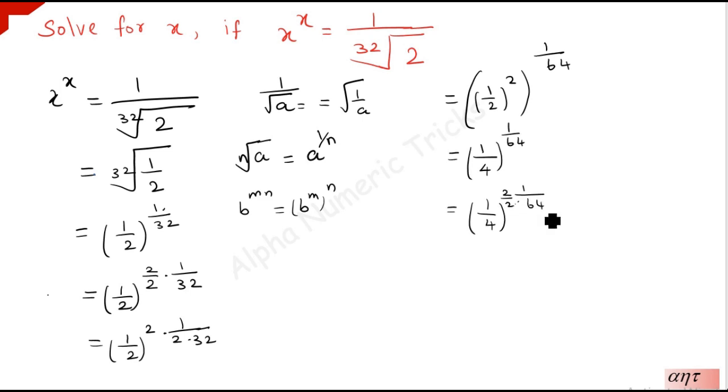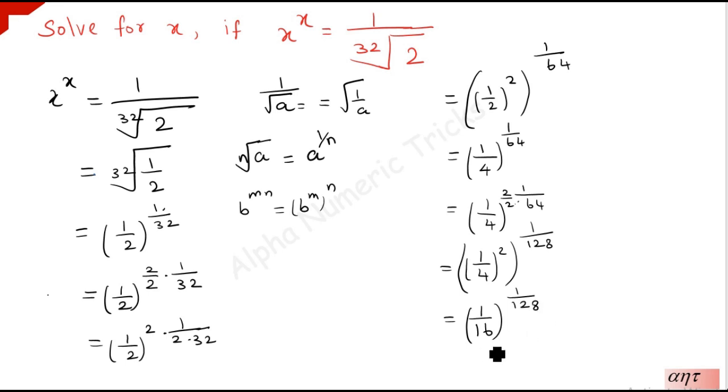Combining these terms, (1 by 4) whole squared whole to the power 1 over 64 times 2, you have 128. 1 over 4 squared is 16, so 1 over 16 whole to the power 1 over 128.